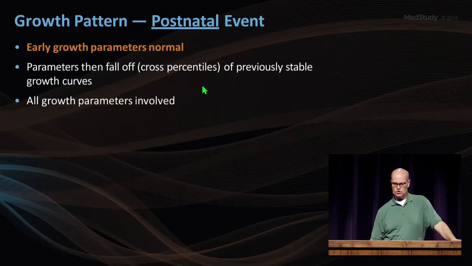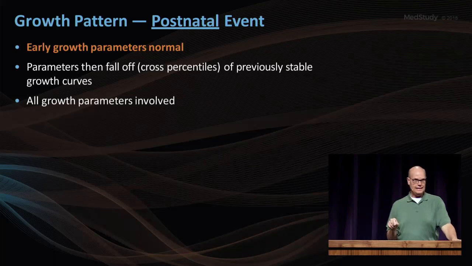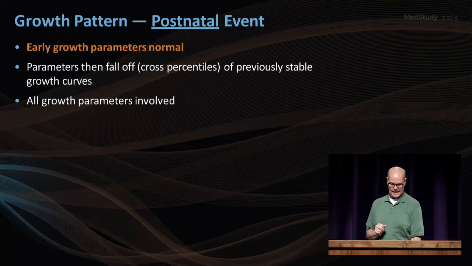What about a postnatal event? Early growth parameters tend to be normal. That event then occurs, and then the parameters begin to fall down from previous growth. And this too affects head circumference, weight, and height in an equal way.